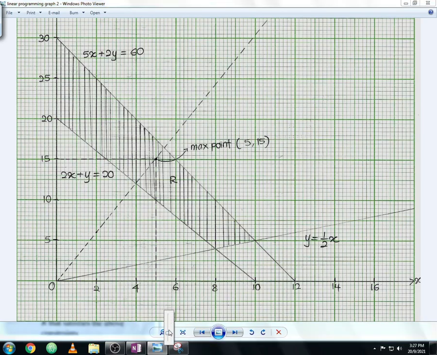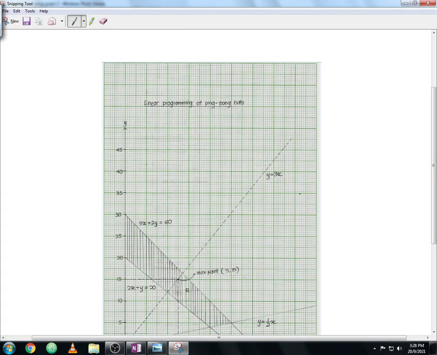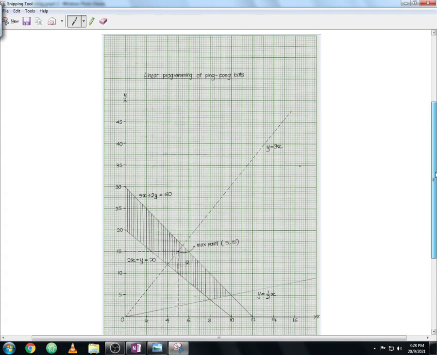Let me zoom out a bit. To plot the graph, you choose any 2 points, or you can choose the x and y intercepts, and from there you can plot the graph, guys. It's very easy. Once you plot the graph, you need to find the region of the inequalities.